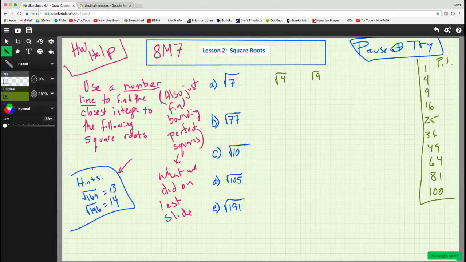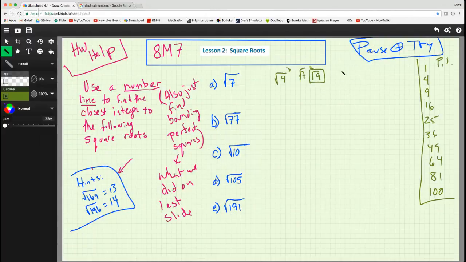And so I know the square root of 7 must be between 4 and 9. Well, if I put 7 between here, it's closer to 9. So this is 3 away, this is 2 away. Now, even though that's close, it's closer to 9, and if the only way we can do this is to use a number line, we're going to have to guess that it's closer to the square root of 9.